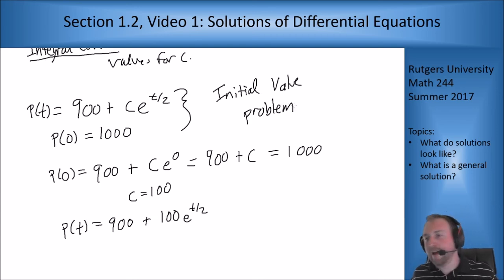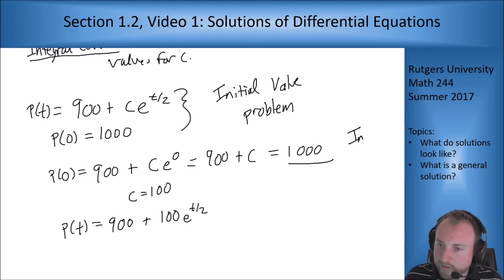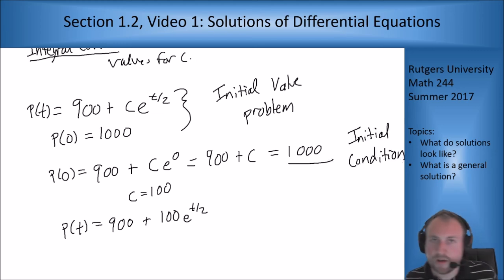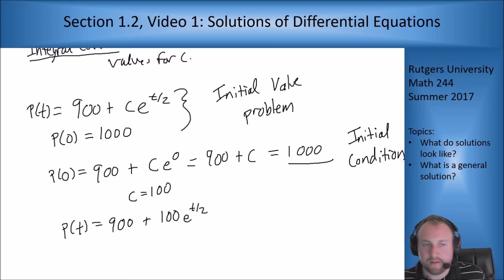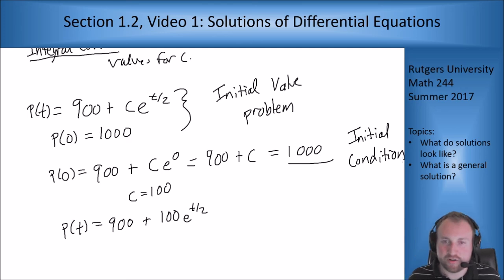And the particular value, p of 0 equals 1,000, is called an initial condition. So that's the way these solutions come together. You have a general solution that comes from solving the ODE directly, and then by applying your initial condition in an initial value problem, you can find the constant c and get the actual solution to the problem.